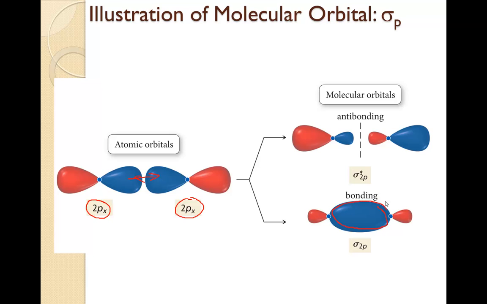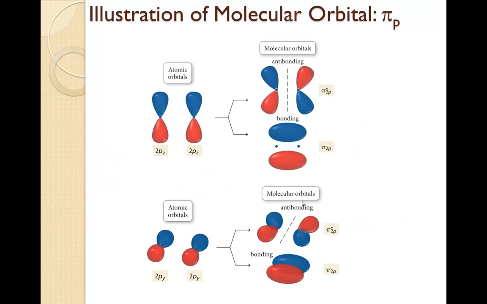However, if they're out of phase, notice the different colors, there's a node that forms between them. Kind of like if you try to push around magnets. Once again, atomic orbitals, when they're in phase, are bonding. When they're out of phase, they're anti-bonding.